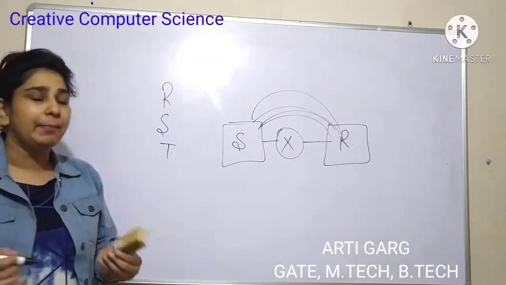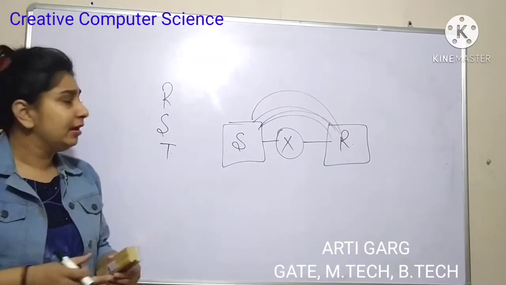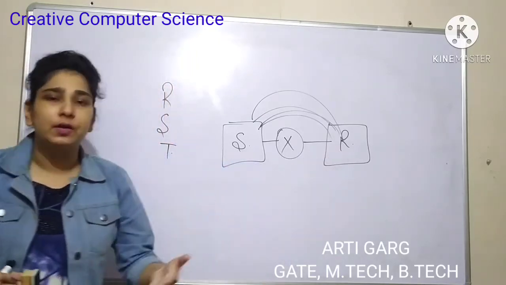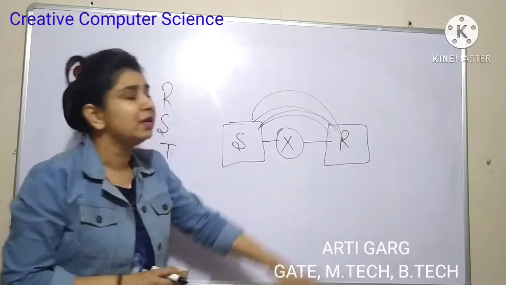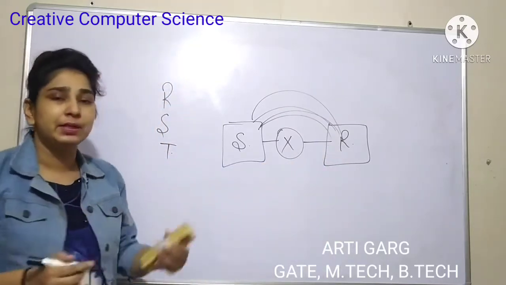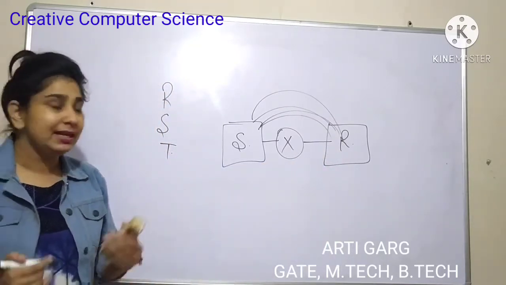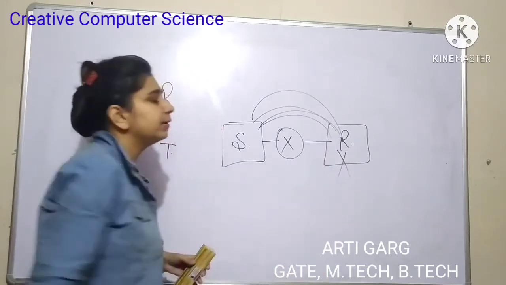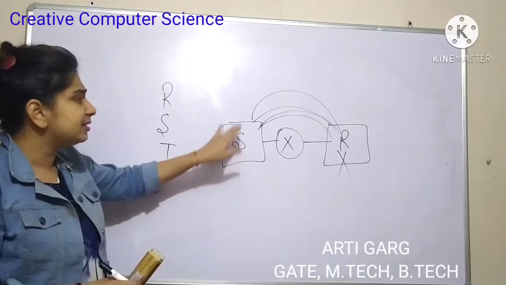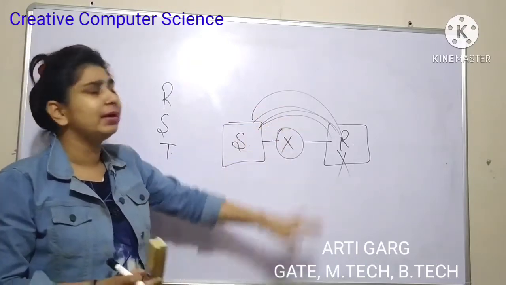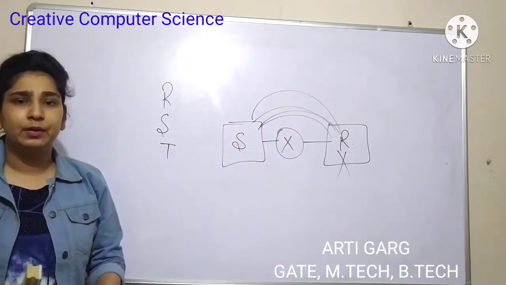Then what happens? Due to some failure, any kind of error occurs in the receiver machine and the receiver doesn't work properly. It has stopped working, and the sender is still sending messages to the receiver.